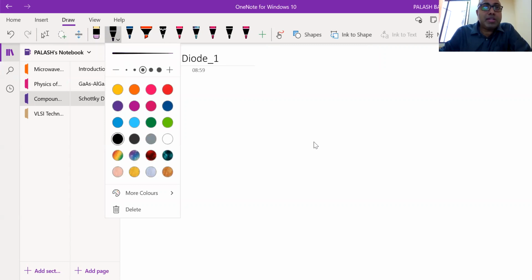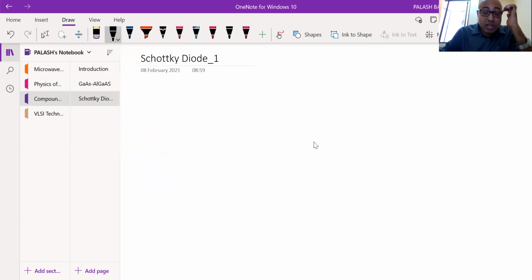Let us start with very simple things. The Schottky junction diode means you have a metal and you have a semiconductor.